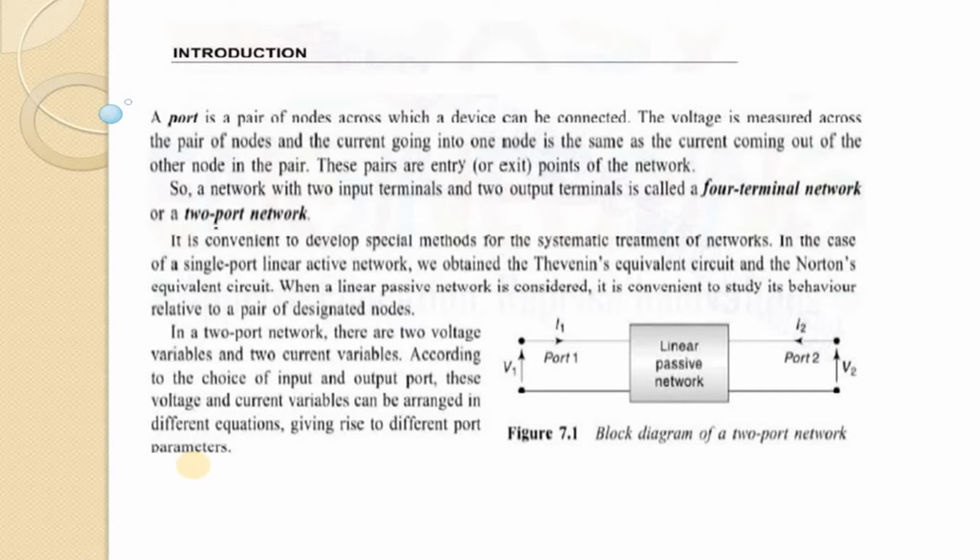The first question that comes to our mind is: what is a port and why is it called two-port? Basically, a port is a pair of nodes across which a device can be connected. The voltage is measured across the pair of nodes, and the current going into one node is the same as the current coming out of the other node in the pair.